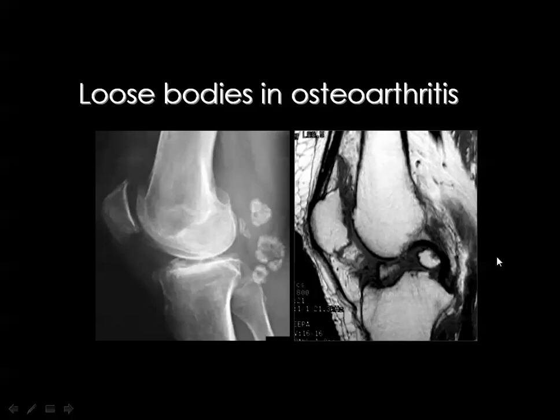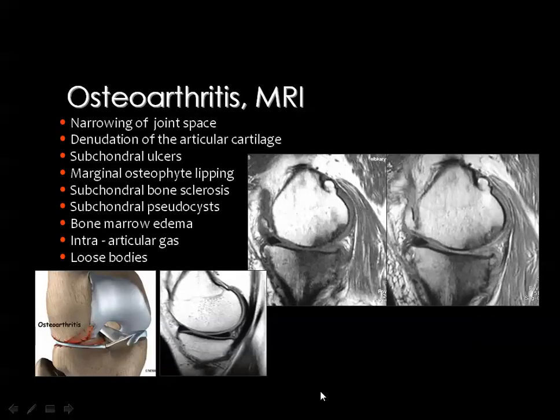And also you remember that if the loose bodies are sizable, they will develop bone marrow and the cortex. They will show similar MRI appearance to the femur and tibia. And this is a severe form of osteoarthritis in the knee joint.